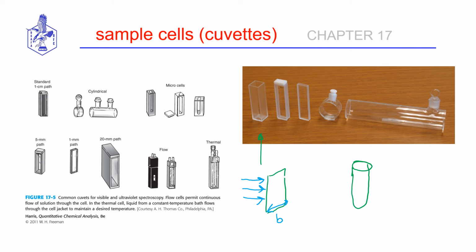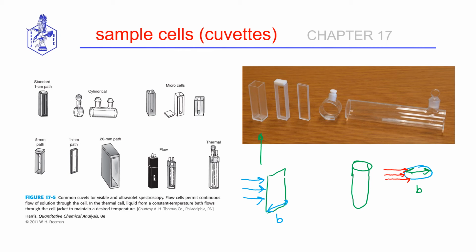If you have a cylindrical cuvette, notice that the light that strikes up here travels a little further than the light that strikes down there. So the cylindrical cuvettes actually are not the ideal configuration to maintain a constant path length, B, across the cuvette. So therefore you typically see these as square.